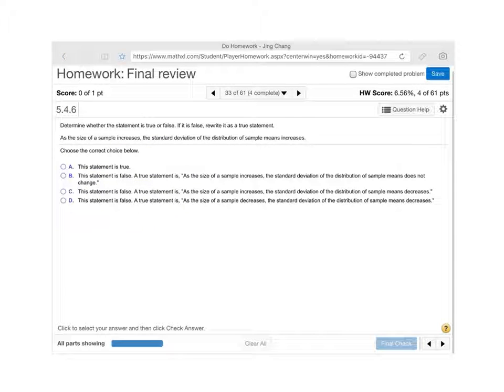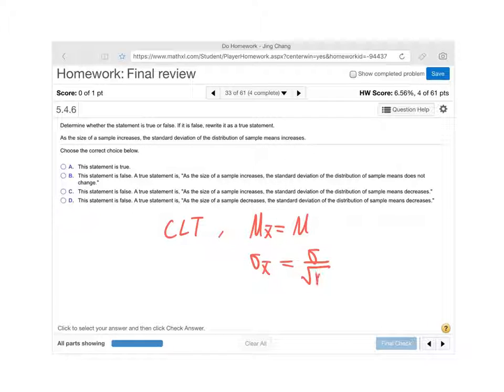And this problem: as the sample size increases, the standard deviation of the distribution of sample means increases. It's not correct, because according to the central limit theorem, the mean of x bar is the same as the population mean, and the standard deviation of x bar, or standard error, is equal to sigma over the square root of the sample size.